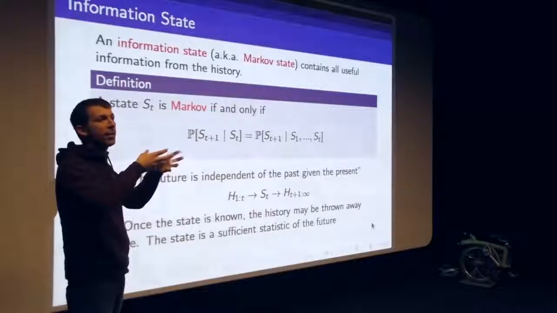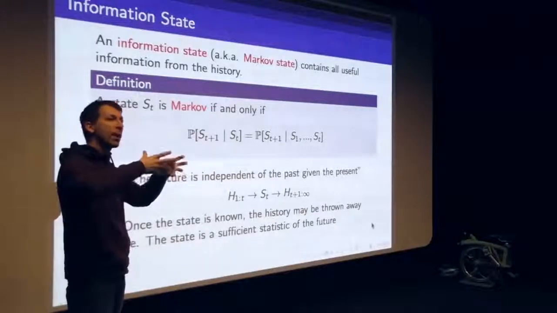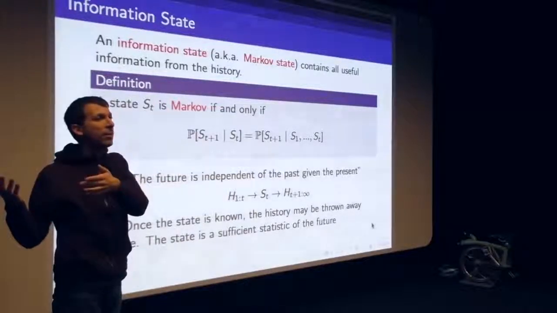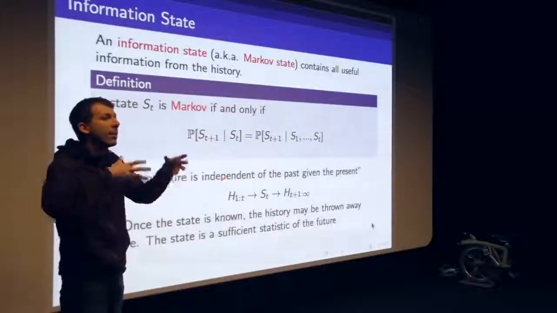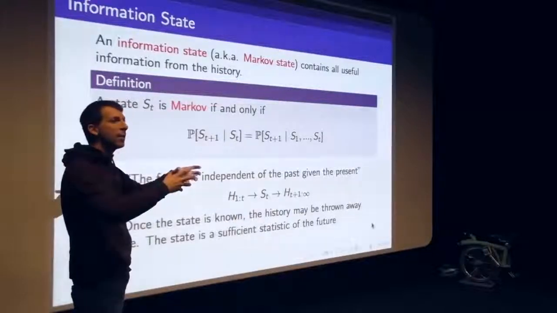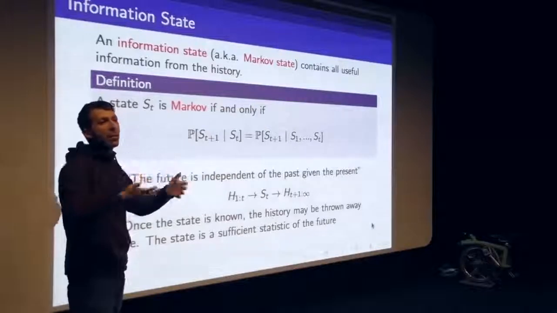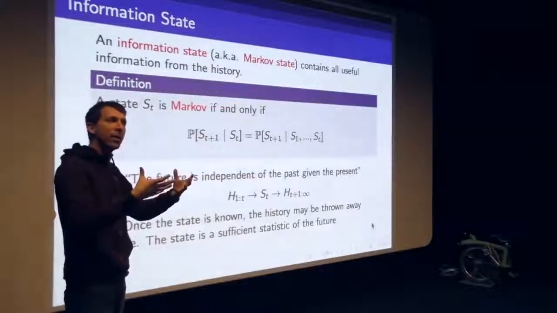Once you know all of those things, and maybe you need to know the wind direction as well, it doesn't matter what the position of the helicopter was 10 minutes ago. That doesn't make any difference to where the helicopter will be at the next moment. All that matters is where it is now, and the wind direction, and that will fully determine what will happen to the helicopter at the next moment. You don't need to remember this detailed history of its previous trajectory, because it's irrelevant.